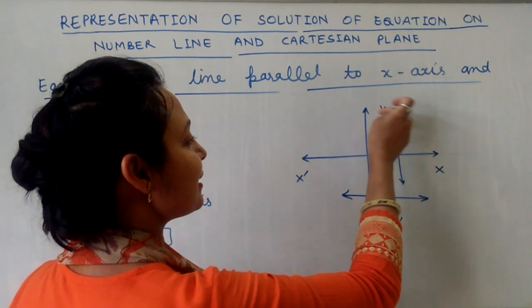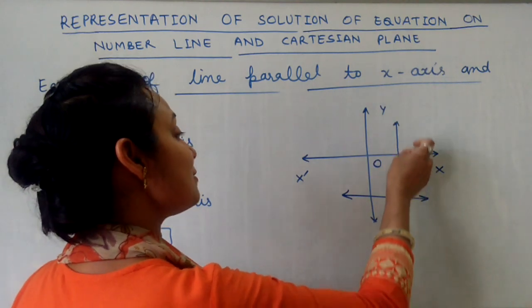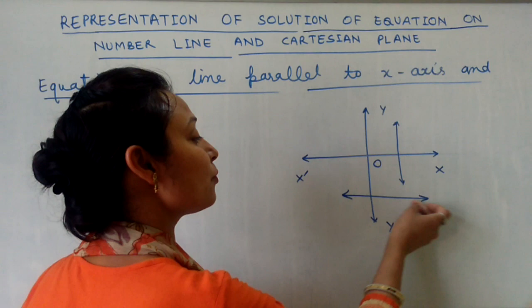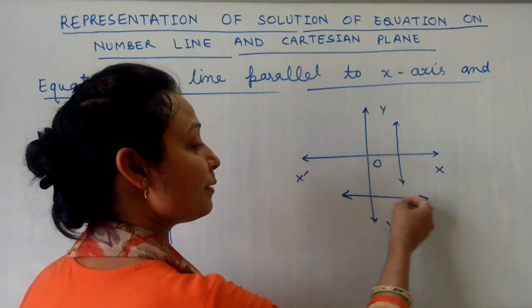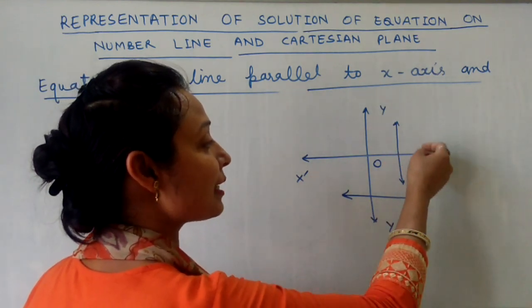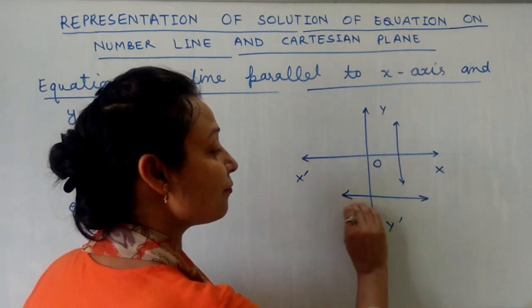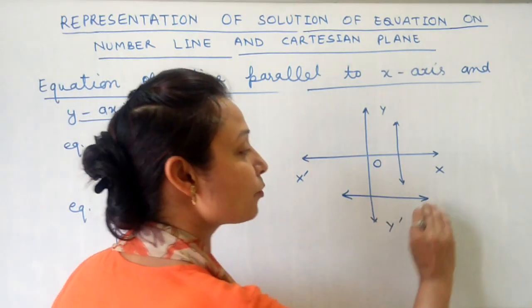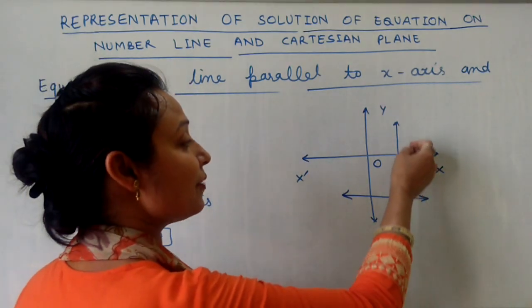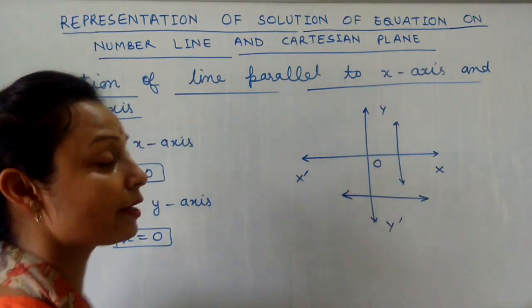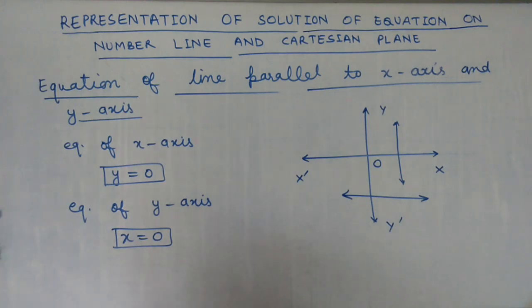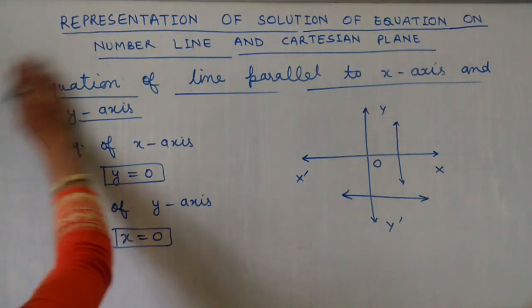Y may be changed to any value, but x remains the same. Here y remains the same throughout the line, and the value of x will vary. The value of x will vary and the value of y remains the same. That is constant throughout the line. The value of x is constant throughout the line. Okay, throughout the line.